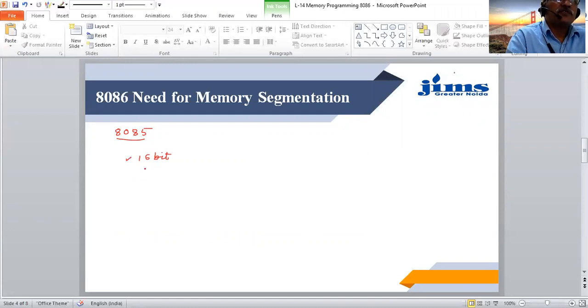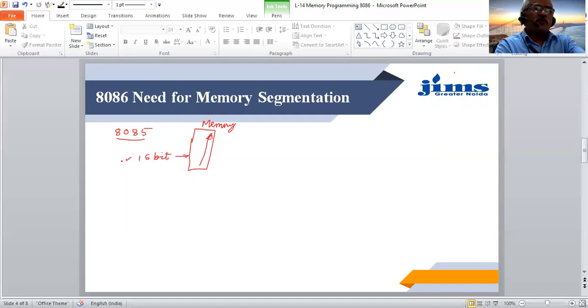Now, since the size of the address bus and the size of the registers were the same in the 8085, we were able to directly, linearly address the memory of the 8085 system. So we can think of the memory as linearly addressable in the case of the 8085.